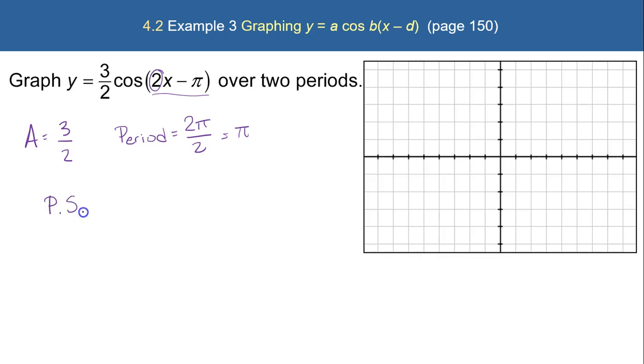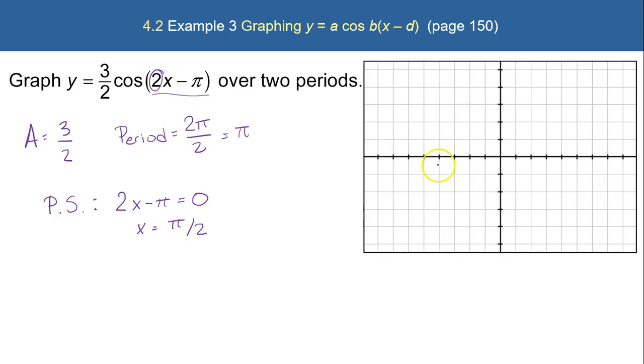So I'm going to call it phase shift is equal to this right here. Well, let's do this. This is how you find your phase shift. Solving that right there, you get x equals pi over 2.